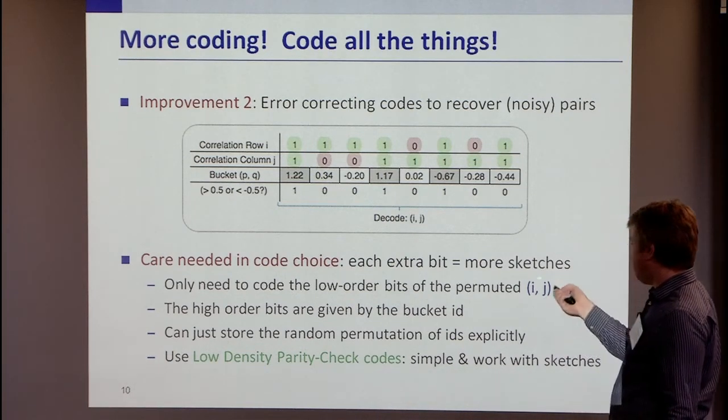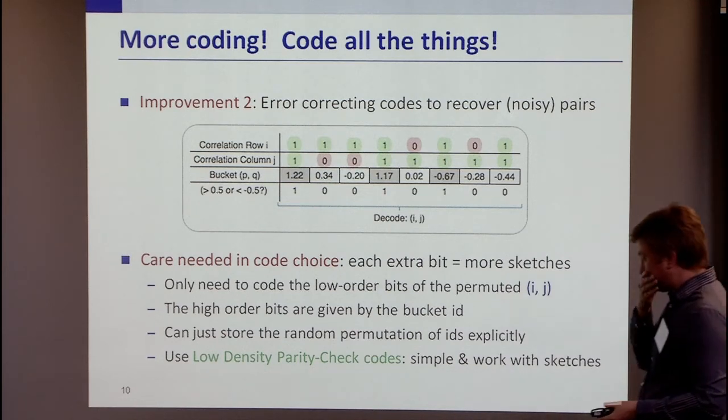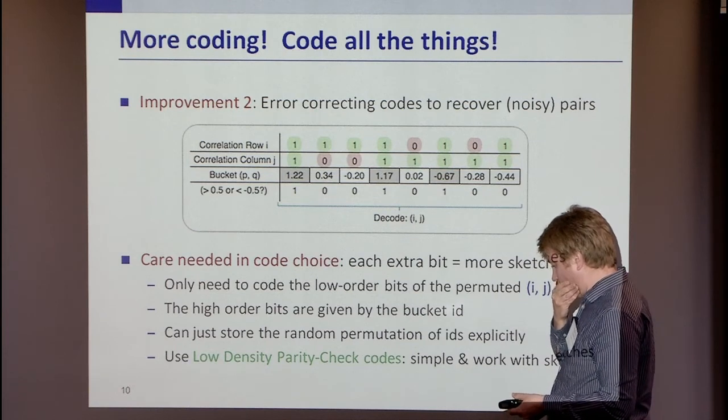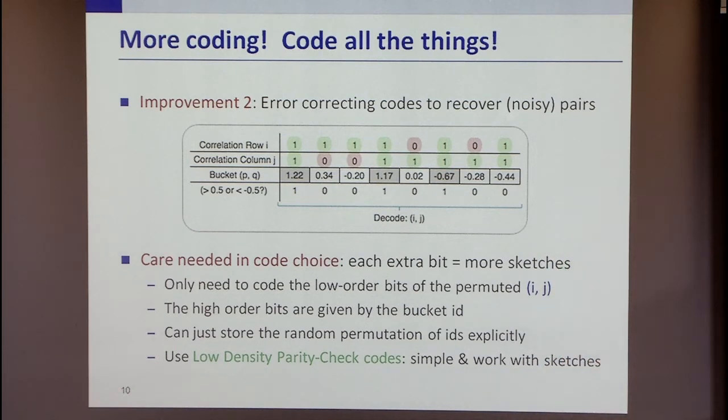And I can do one or two other tricks to minimize the size of the code that I need. If I think about the way I allocate elements into the buckets, I can think of that as basically being a permutation over the original indices. I'll just put everything in a bucket that shares a common prefix in its binary representation, say.